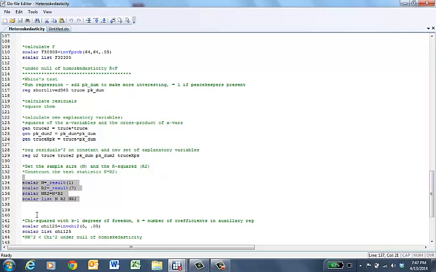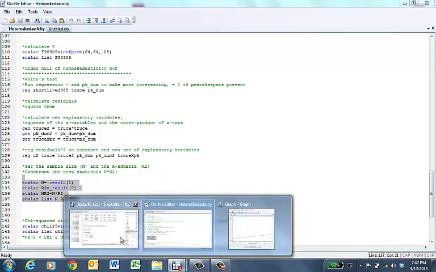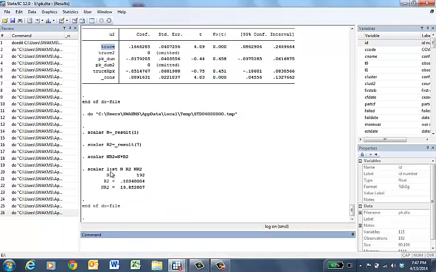So next, we would look at the chi-squared test with k minus 1 degrees of freedom, with k being the number of coefficients in the auxiliary regression. So we have 6 coefficients including the constant, so a total of 5 independent variables.